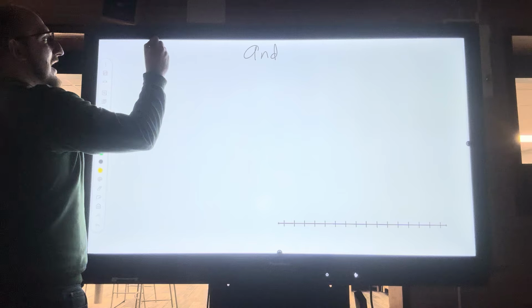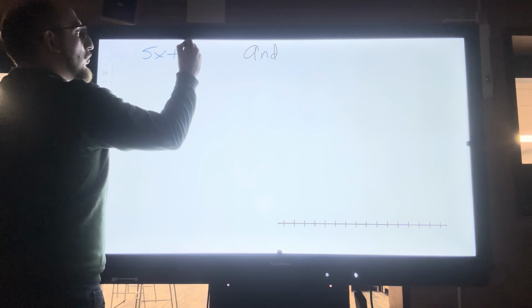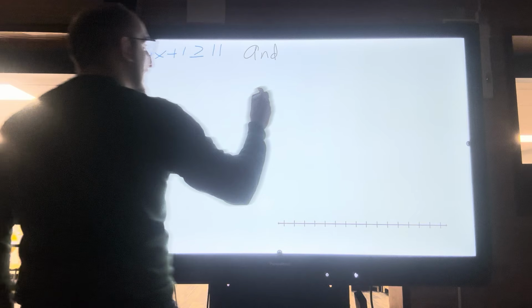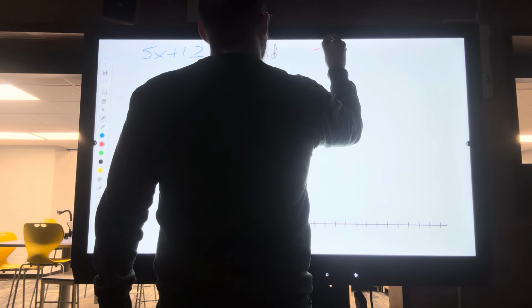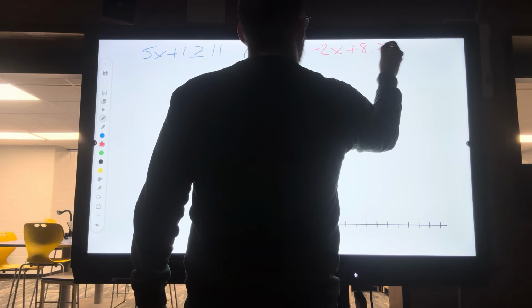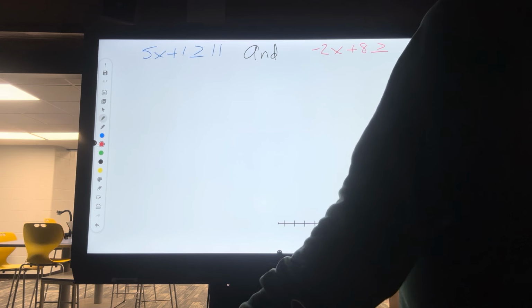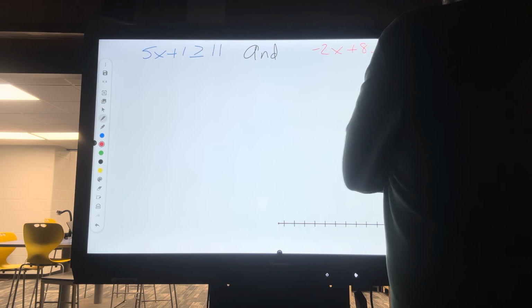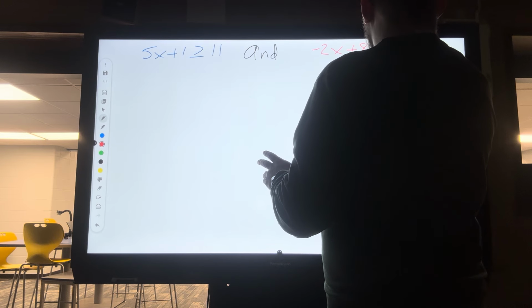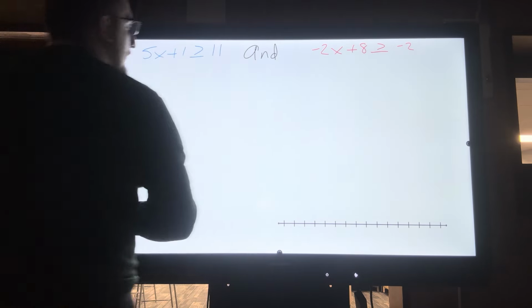So this is like if I had 5x plus 1 is greater than or equal to 11, and -2x plus 8 is greater than or equal to, I got to think of a number, so just give me time. Negative 2. Let's try that, okay?